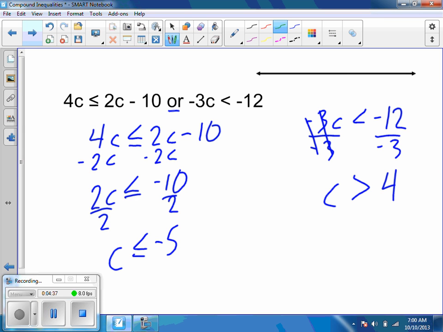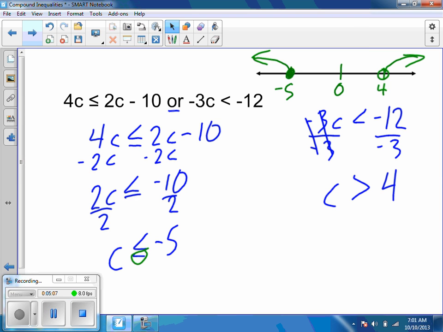So as I go about graphing these ones, negative 5 is over here. It's going to be a closed circle because it is the or equal to. And c is less than or equal to negative 5, so it is going to go off that way. And on the other side here, c is greater than 4. 4 is going to be over here. This one has an open circle, and going greater would be going off towards the right.